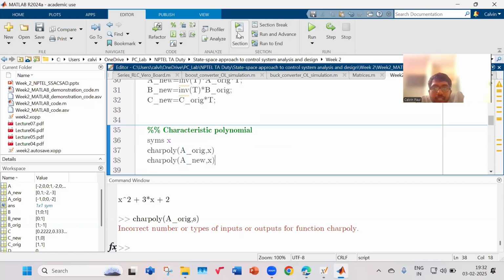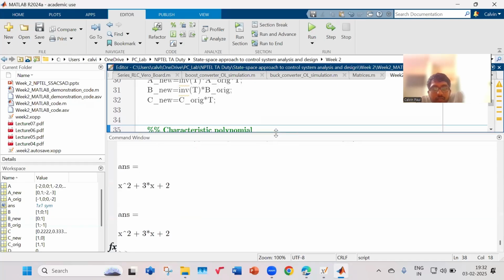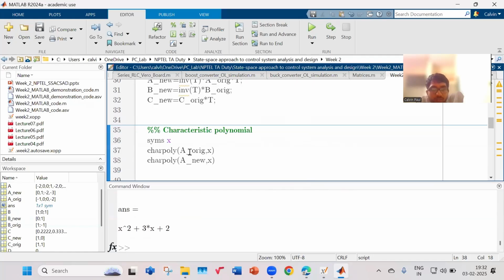Let me run this section. Again, I get the same thing. So for both, I'm getting x square plus 3x plus 2. So for both the original A matrix and the converted A matrix, the characteristic polynomial is the same, and hence the poles, or the roots of the characteristic polynomial, remain the same.